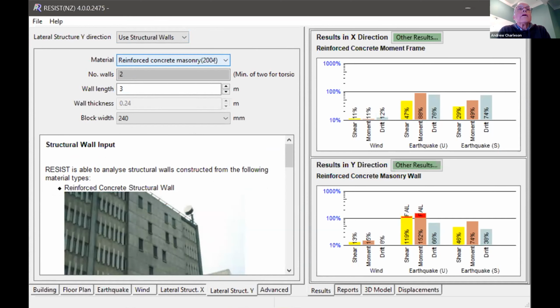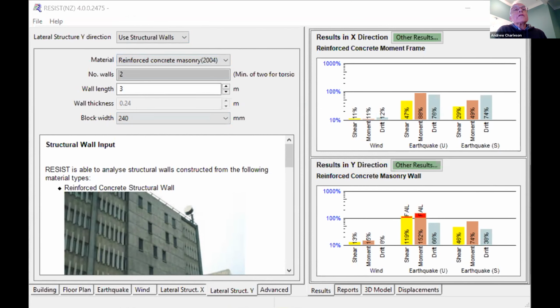Honestly, I don't really know the difference between the two of these, but this seems more right. Well, you can use either reinforced concrete or reinforced concrete masonry. I think for this exercise, just go to reinforced concrete.